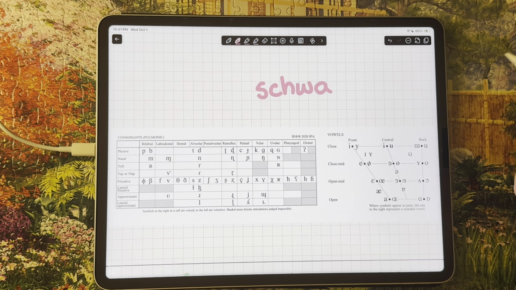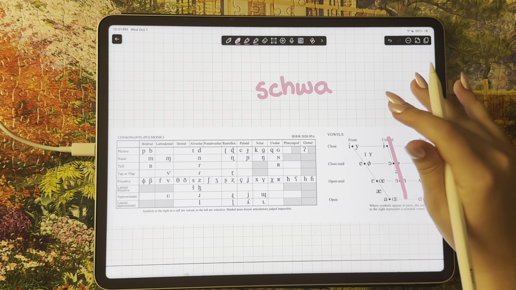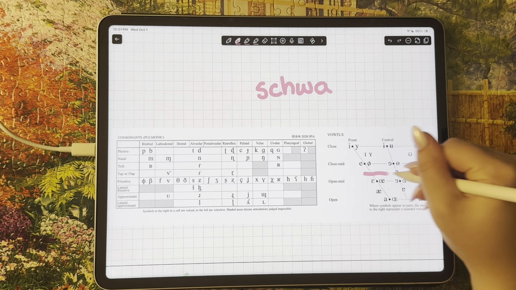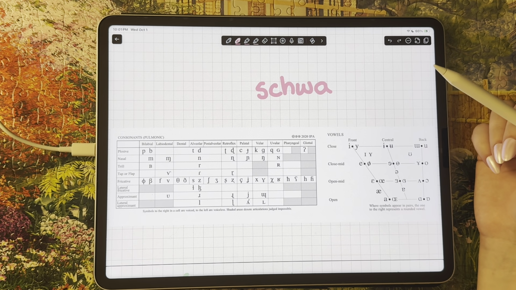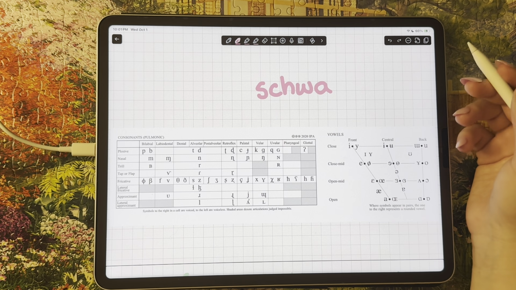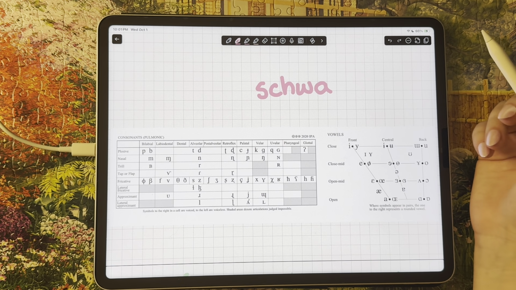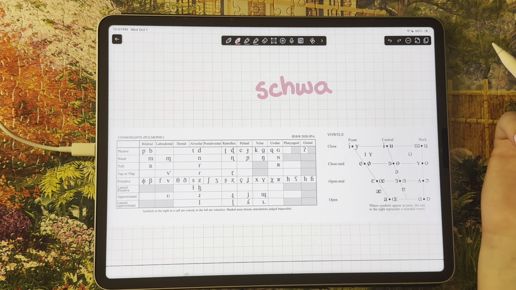As you can see on the chart, it is most central and also just between closed and open. So it's like in the word, let's think.